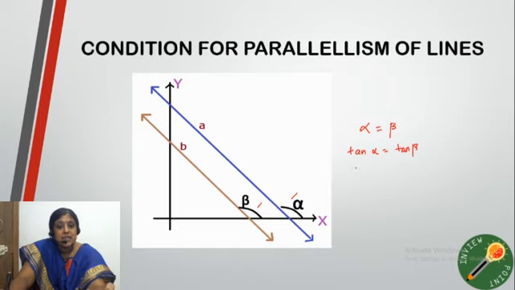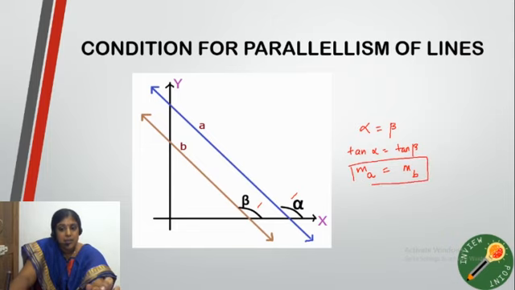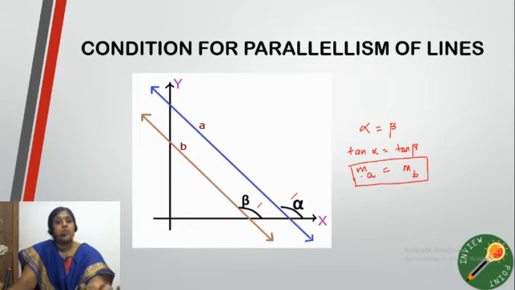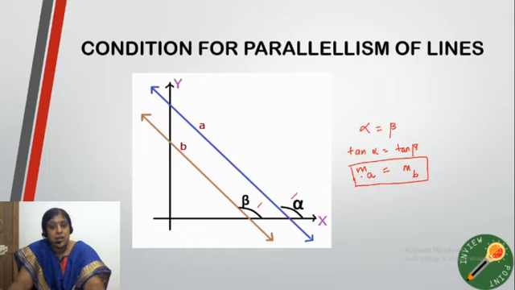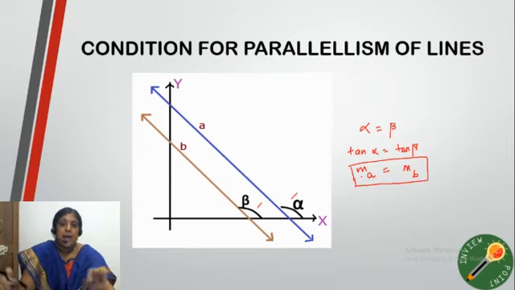It is the slope of the line A, and tan beta is the slope of the line B, right? So whenever two lines are parallel to each other, their slopes will be equal. So if the slopes of any two non-vertical lines are equal, then we can say that those two lines are parallel.